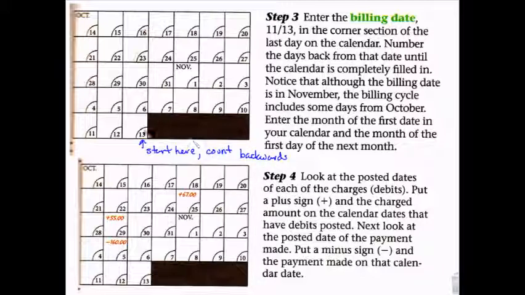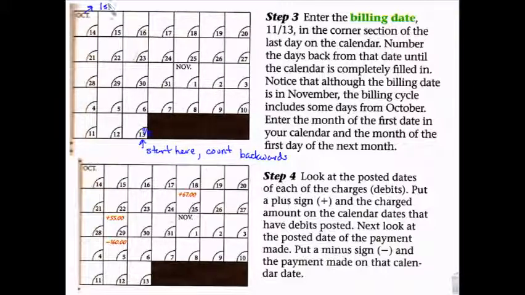So you start on the billing date, November 13th. And we go, okay, 13, 12, 11, 10, 9, 8, 7, 6, 5, 4, 3, 2, 1. There's 31 days in October. So October comes before November, so we have 31 days. So 30, 29, 28, 27, 26, and you count backwards, and you end up on October 14th.